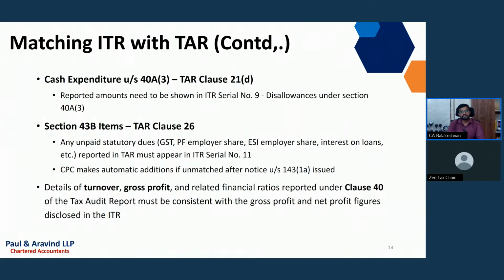Gross profit must be matched with the manufacturing account, and net profit must be matched with the trading and profit and loss account. If there is any discrepancy, this may lead to scrutiny notices from the department, or sometimes proposed adjustments can also be issued asking why there has been a difference in reporting.